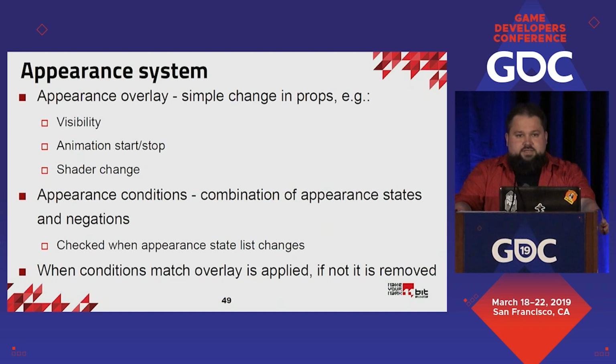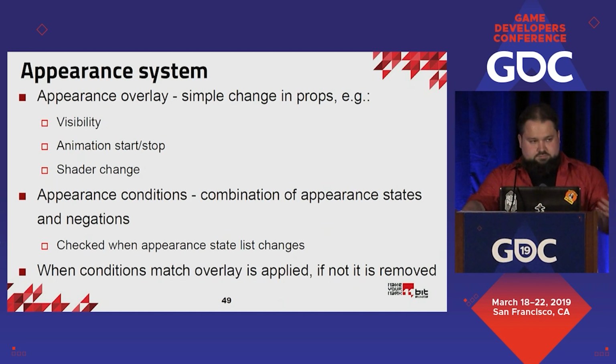To aggregate the things that are changed by the appearance, we created appearance overlay. Appearance overlay is a definition of what changes when this overlay is applied. So, for example, visibility of certain props, animation start, stop, and so on. When the building is active, the animation should start.